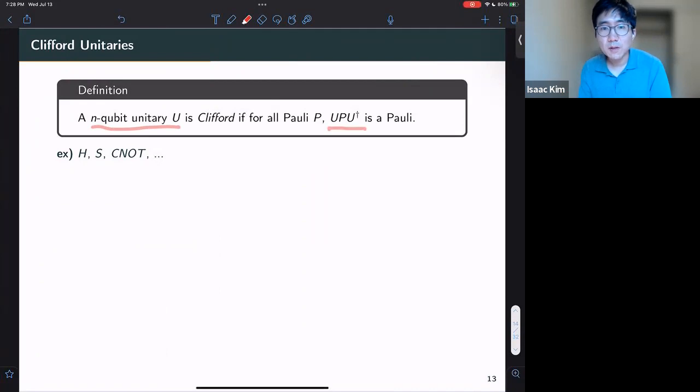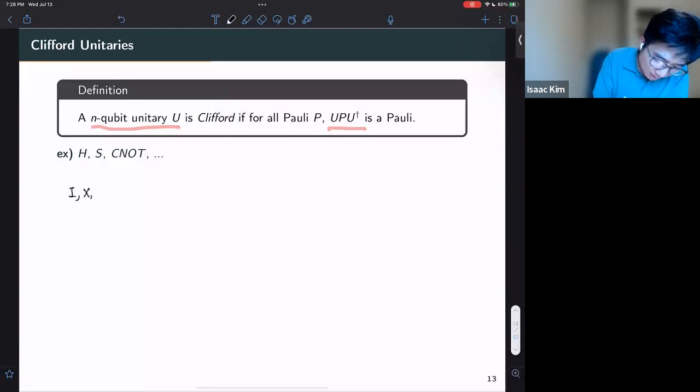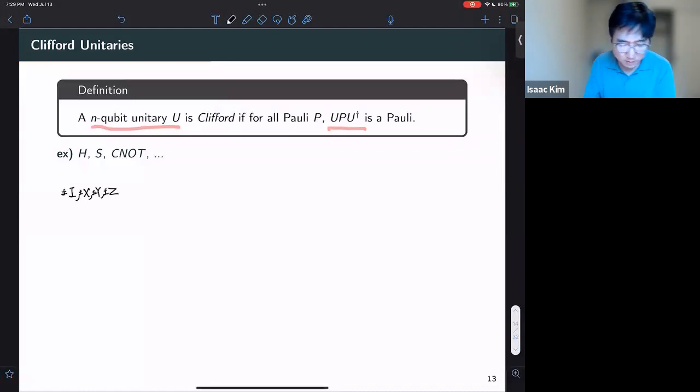And there are some very concrete examples of this. For simplicity, let's consider the single-qubit case. In that case, we have the Pauli matrices I, X, Y, and Z, with plus or minus signs.